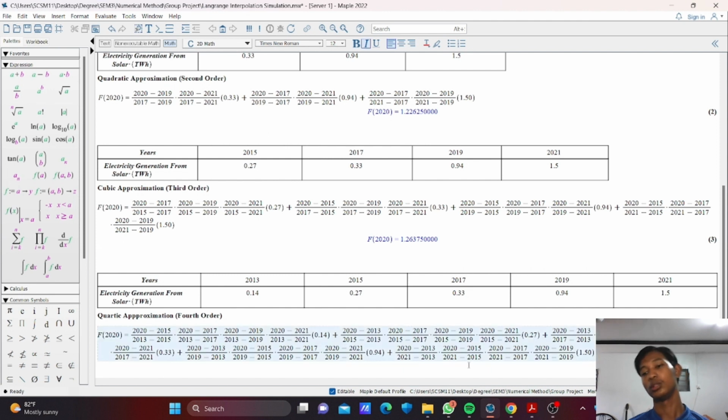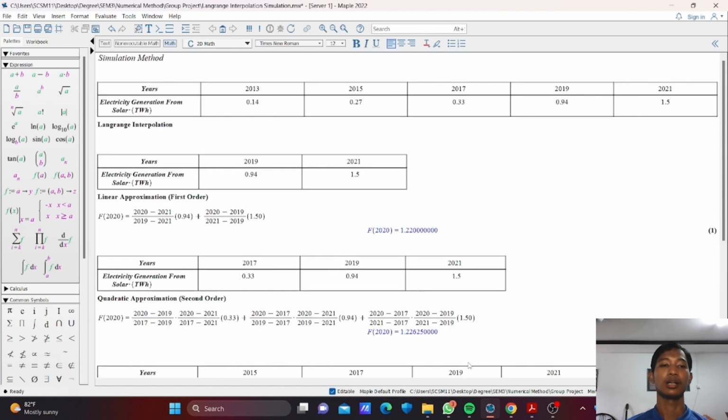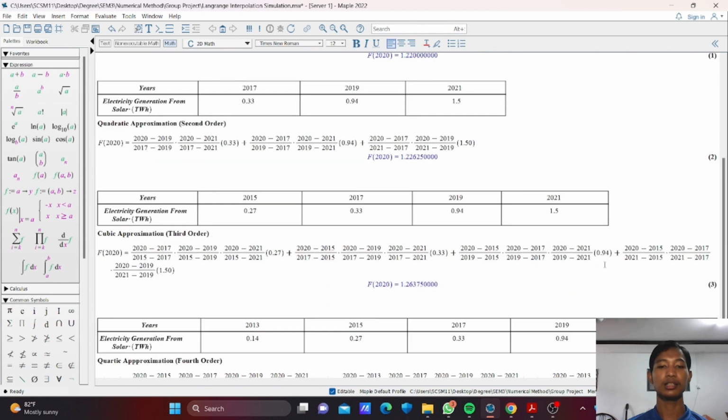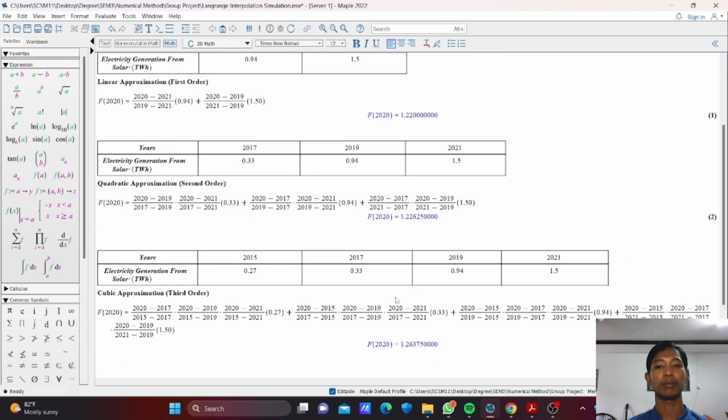Then we simulate the answer, which is 1.31140625. As you can see, all the answers for this simulation are the same as the manual calculation. So we can confirm our manual calculation is correct, since the simulation from Maple gives the same answer.